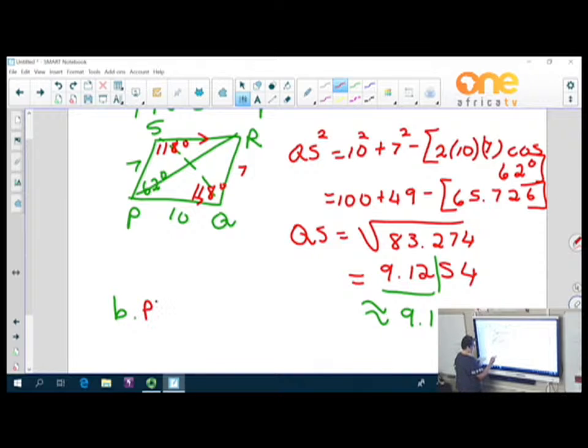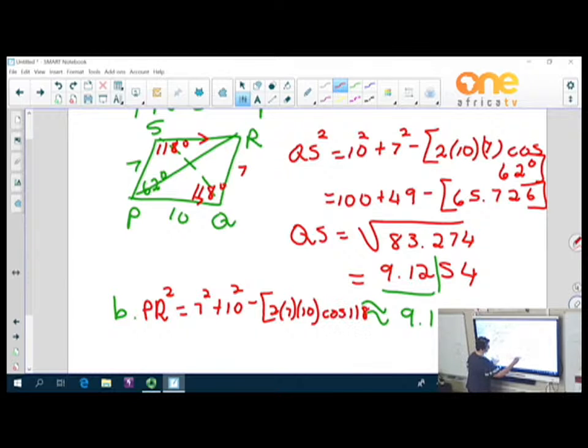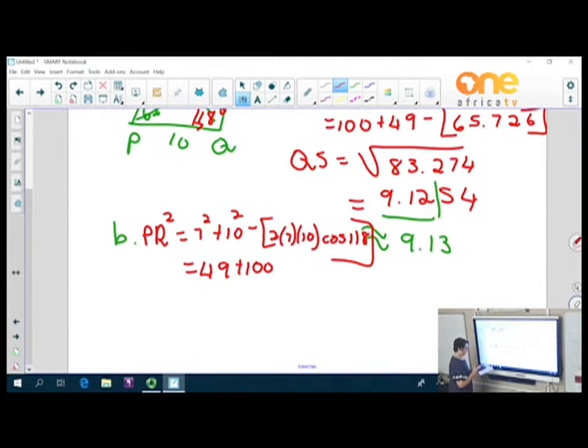So I can say that PR squared is equal to 7 squared plus 10 squared minus 2 times 7 times 10 cosine, and now we use 118 degrees, which is again an obtuse angle. So 49 plus 100, and then in the bracket there, 2 times 7 times 10 cosine 118 degrees, and it should be a negative again.